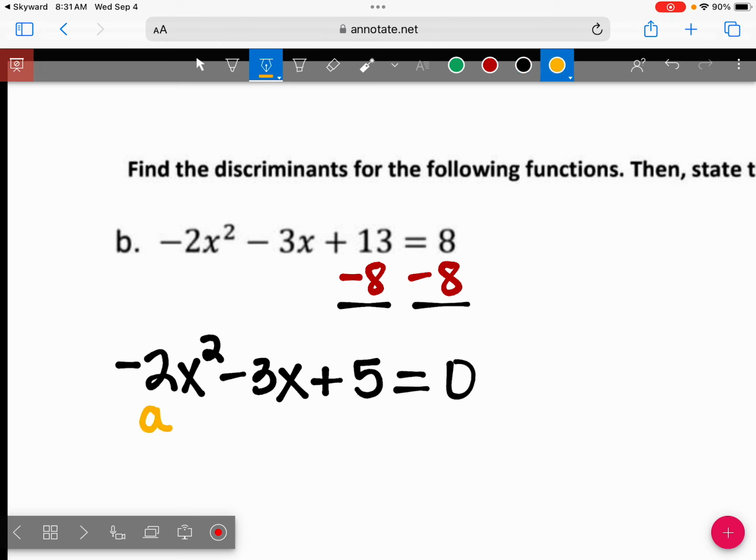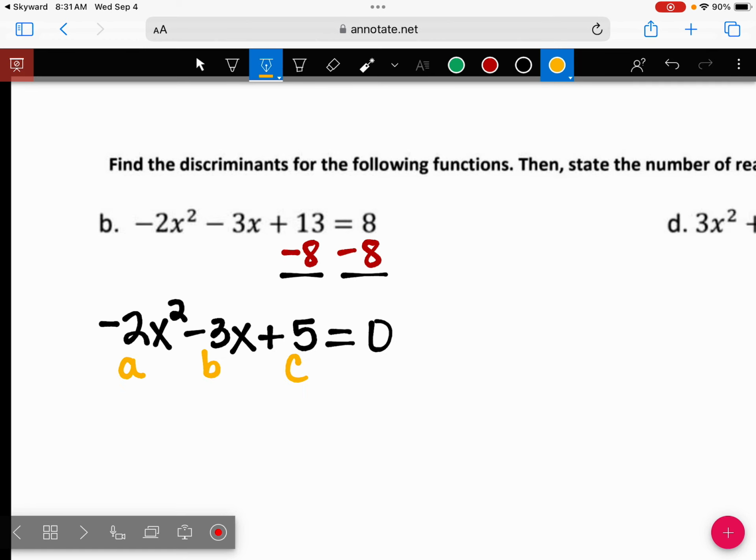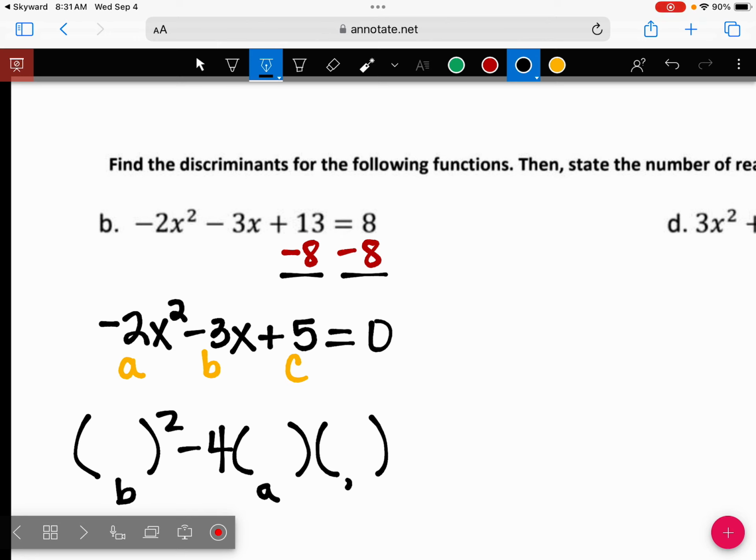So now I have my A, B, and C. So let's do our discriminant test. All right, what do we have?